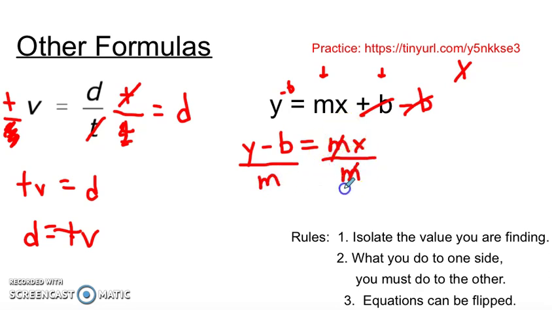This m canceled out with this m, and you are left with x isolated on one side. So x equals all that over here. So what I'm going to do is rule number 3, since equations can be flipped, I'm going to put the x on the left side, then the equal, and you have y minus b over m.